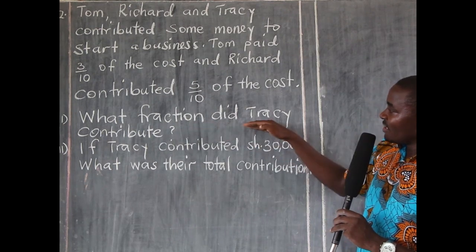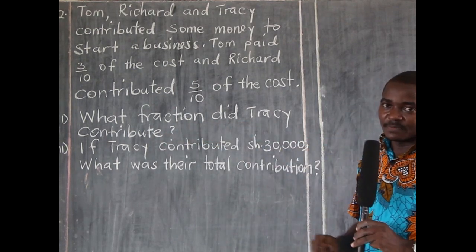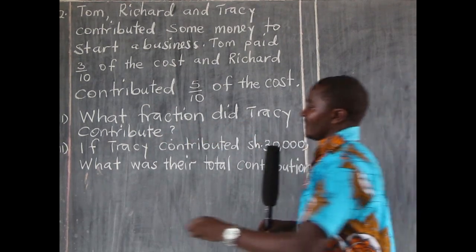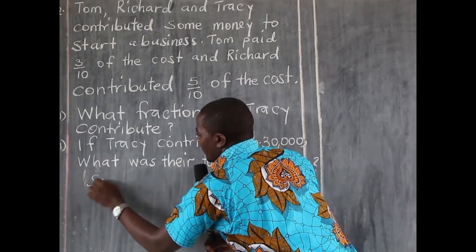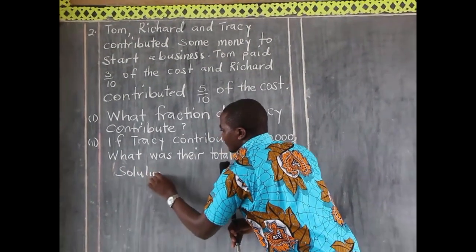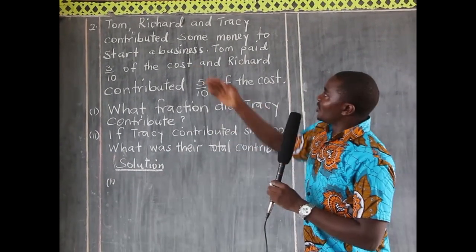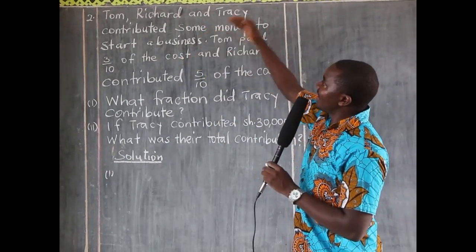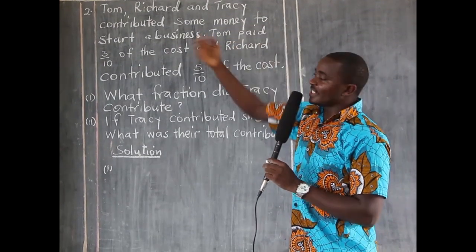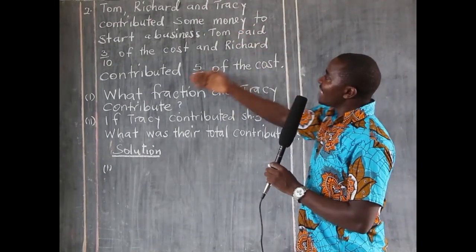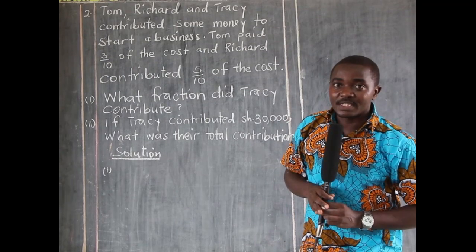What fraction did Tracy contribute? Look at solution for number 1. Tom, Richard and Tracy contributed some money to start a business. Tom paid 3 out of 10 of the cost.